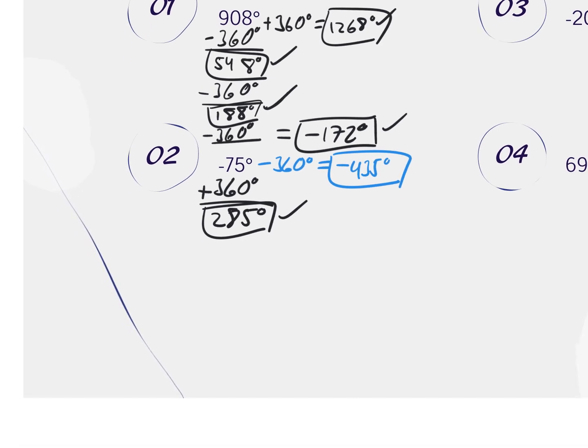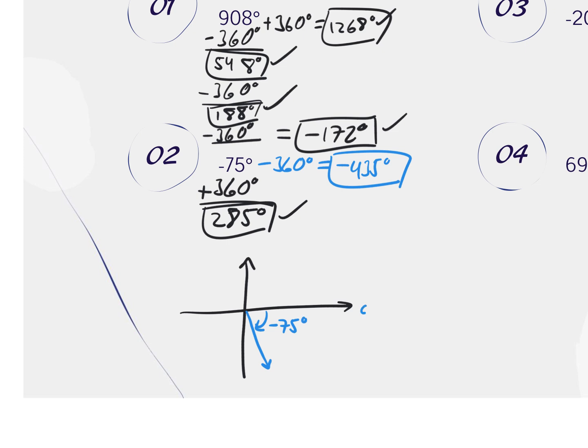Now, I told you I would draw this one just to get the idea across more clearly. So I'm just going to show you guys. Negative 75 degrees. Well, I know that that's between 0 and negative 90, and it's negative, so I'm going backwards. So I'm going to expect it to be right here, in the 4th quadrant. So this is going to be negative 75 degrees.